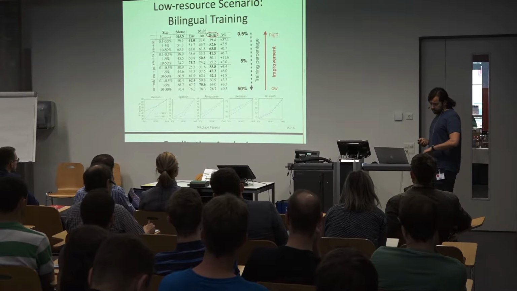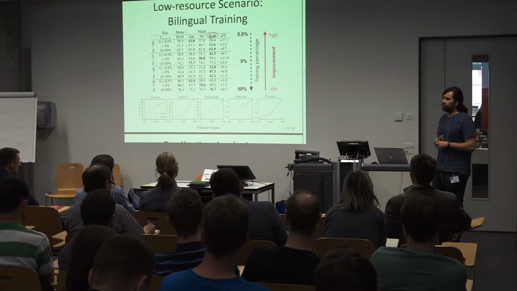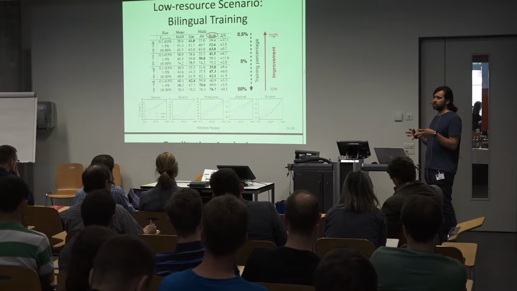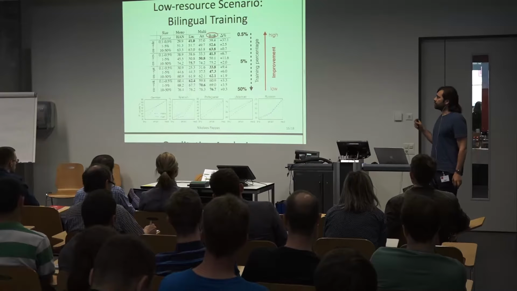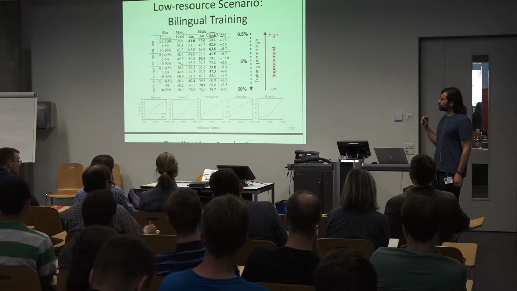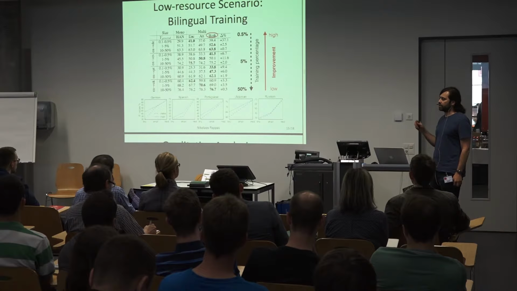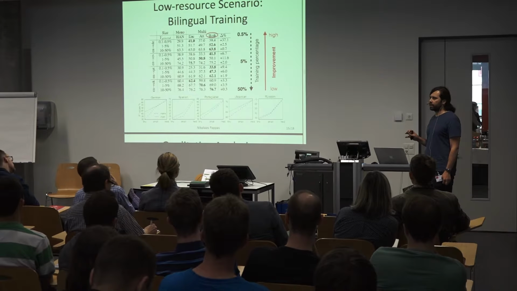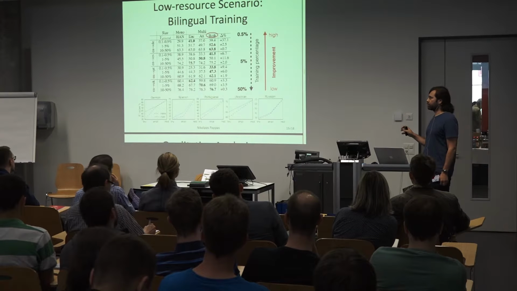So moving on to the low resource scenario. In this case, again, we train languages in pairs together, but this time we try to limit or vary the number of training examples for the target language.